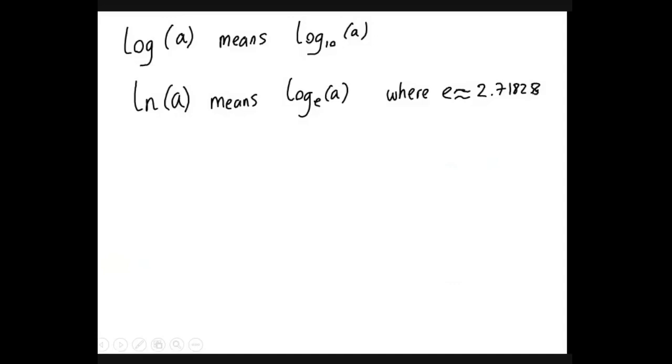If you were to graph e to the x, if you draw its gradient function, it's exactly the same as its original function as well. That's the special property that this e value has. And it's called the exponential function when it's put as e to the x.